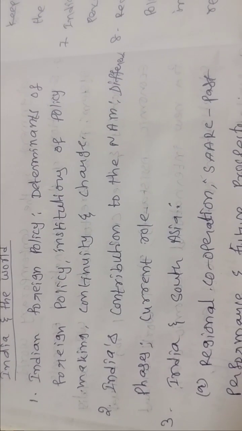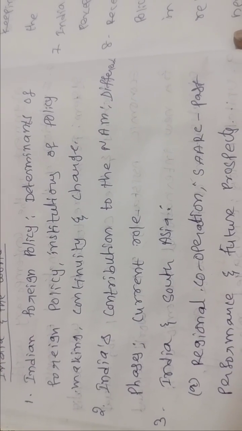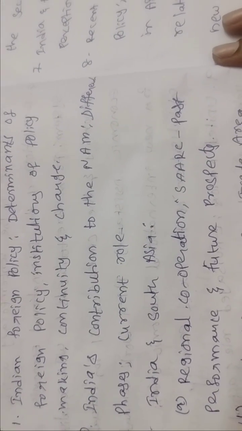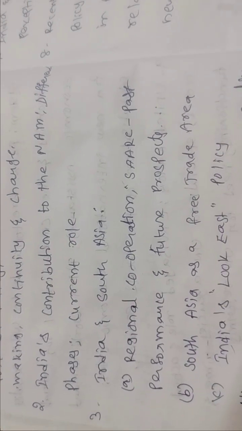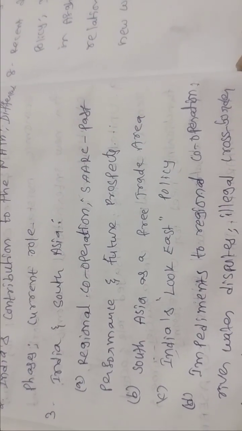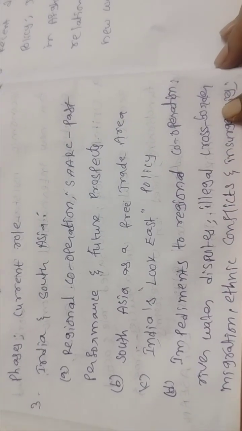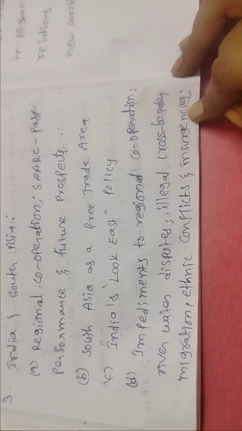Second chapter, India's contribution to the NAM, Non-Aligned Movement, different phases, current role. Next, third topic, India and South Asia. A. Regional cooperation, SAARC, past performance and future prospects. B. South Asia as a free trade area.